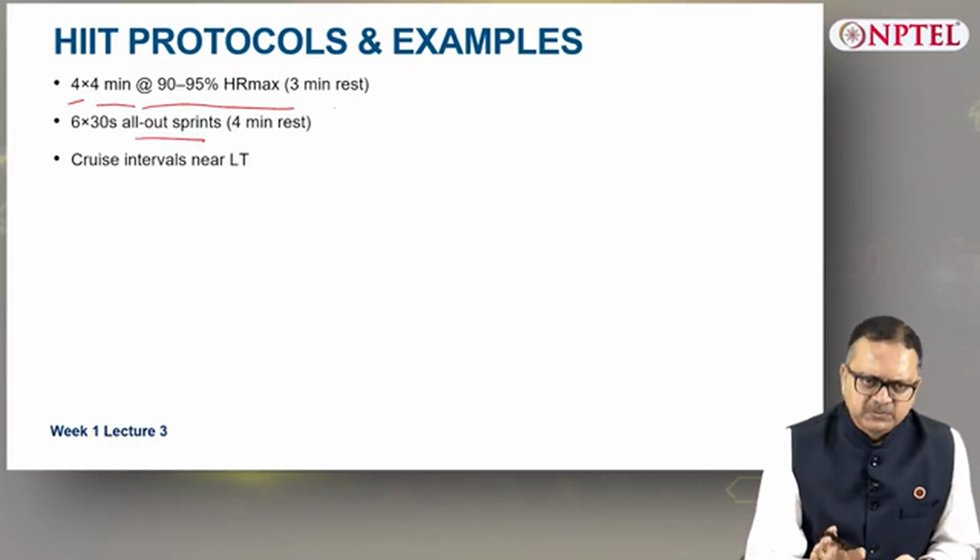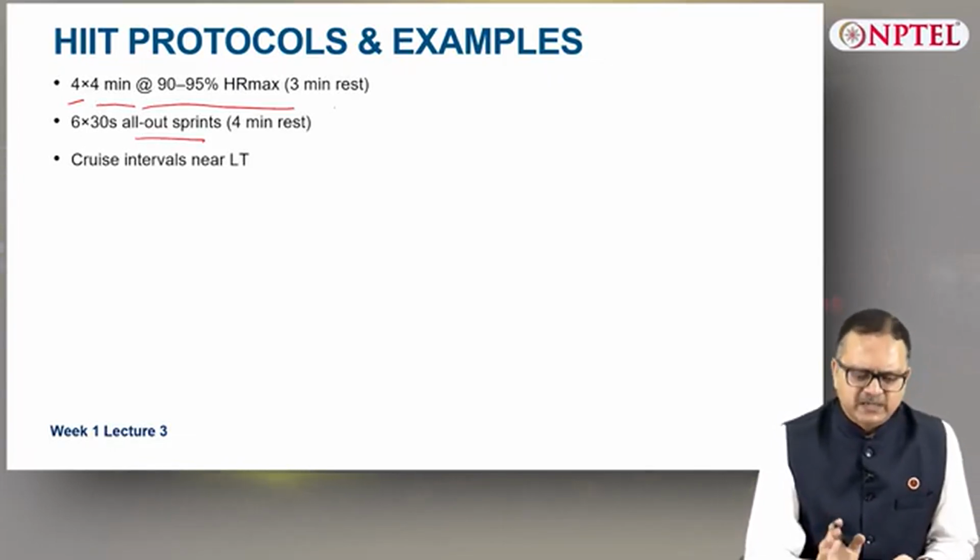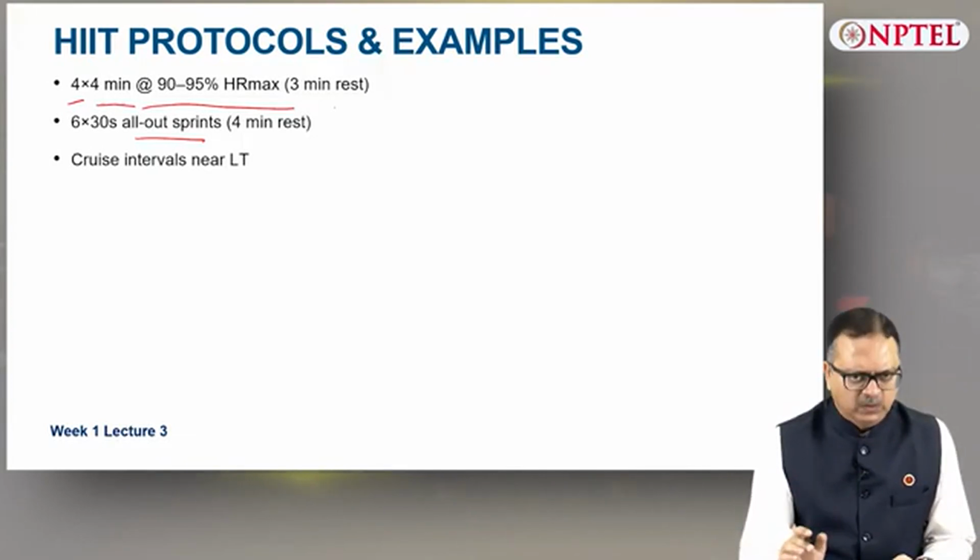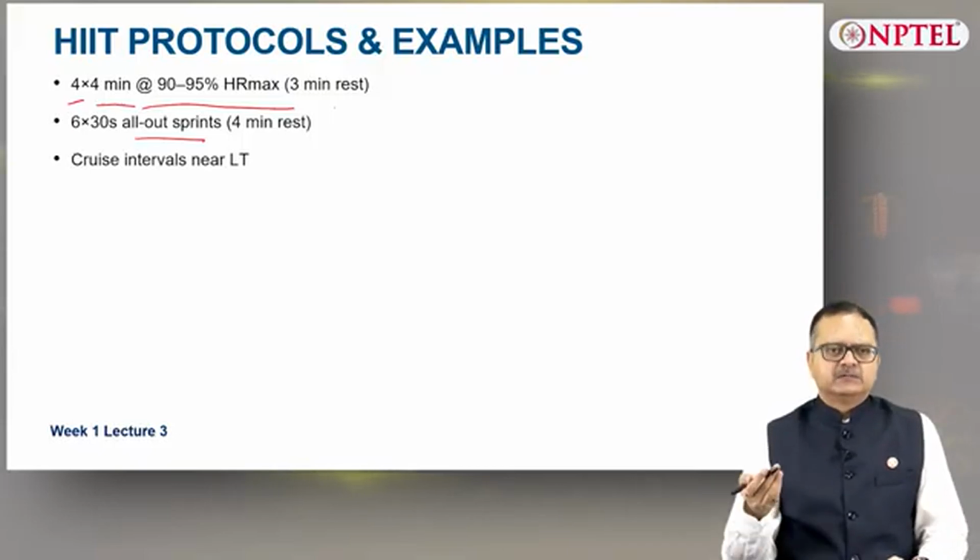You may also do something called cruise intervals near the lactate threshold. These are the 3 different methods by which you can do HIIT training. There are various other protocols which exist, but these are some of the ones which I wanted to elucidate.